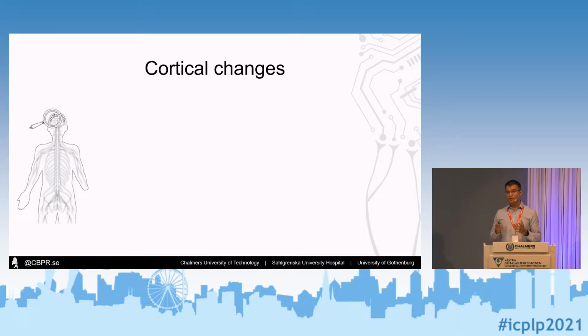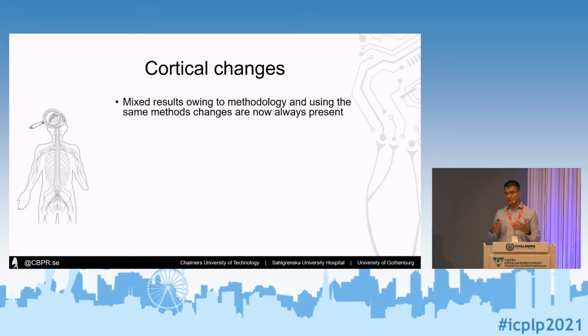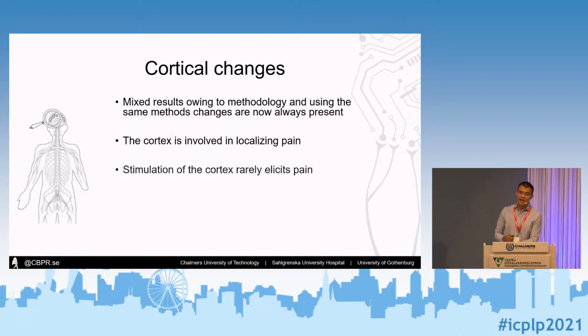Now, the other part that has been thoroughly discussed here is the changes in the cortex. As I said before, there are mixed results, and even within the same methods, it's not always present in all patients. And I mentioned this before, we know that the cortex localizes pain, but stimulation of the cortex rarely elicits pain.